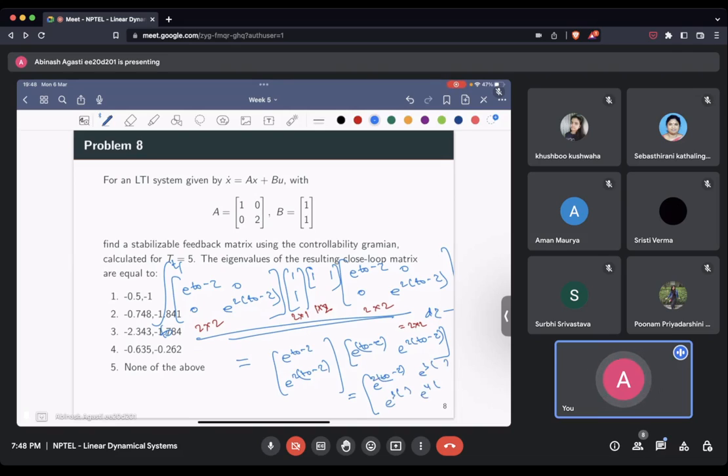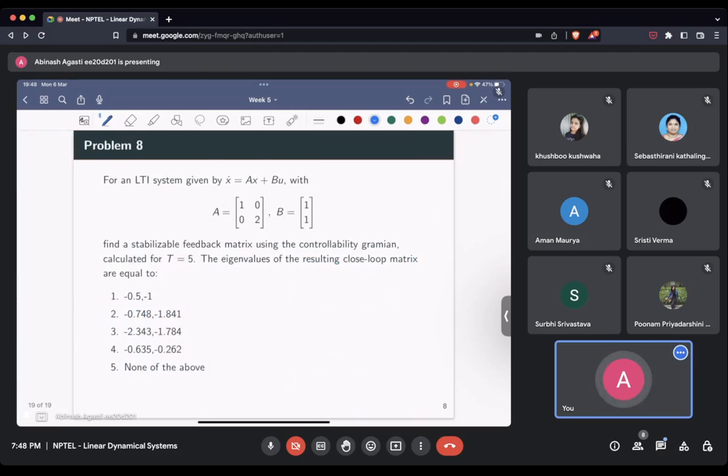Here you'll get 4, same thing. Then we are told to find it for t equal to 5. So we just have to integrate from 0 to 5, plug in t naught equal to 0 in what we had there, and just put tau there. That's it. So what you will get is e to the power minus 10 minus 1 by minus 2.